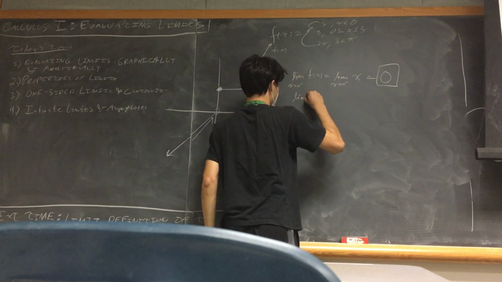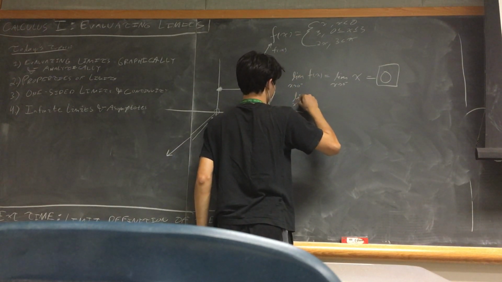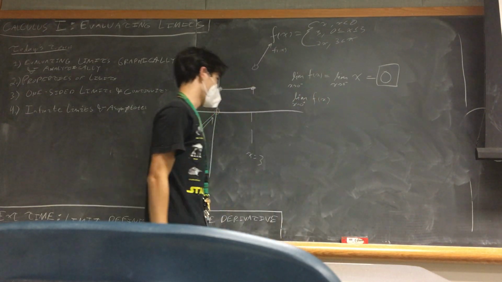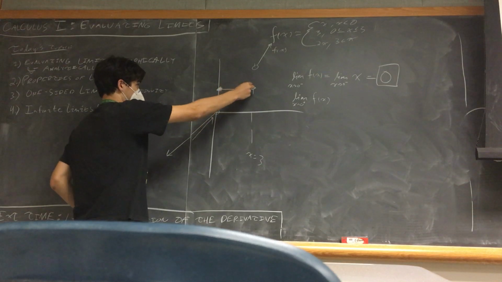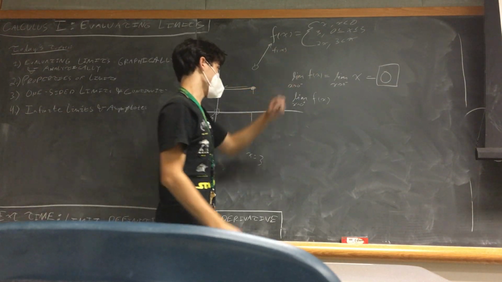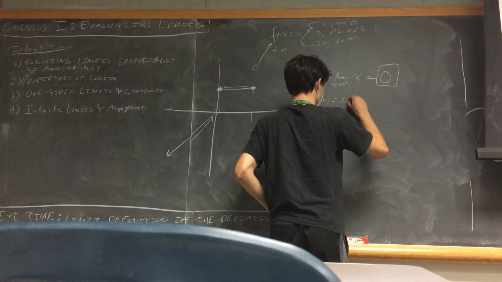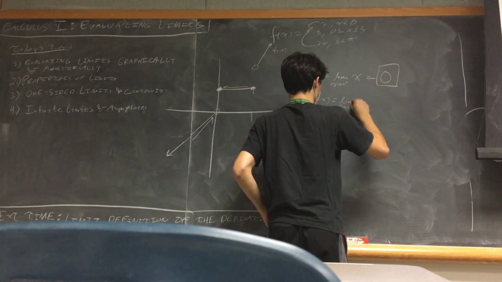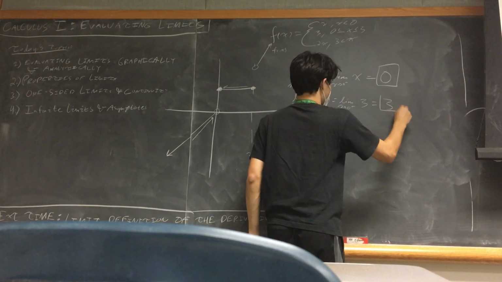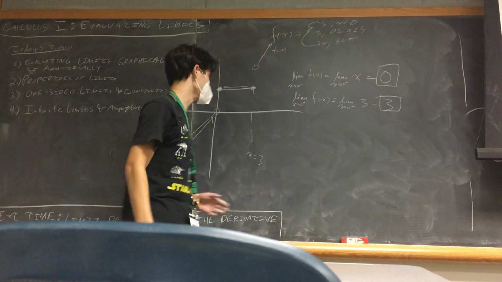Say we wanted to take the limit as x approaches 0 from the right of f of x. From the right, we're following along this line segment here, which is f of x equals 3. So this is the limit as x approaches 0 from the right of 3, and this is going to give us 3.